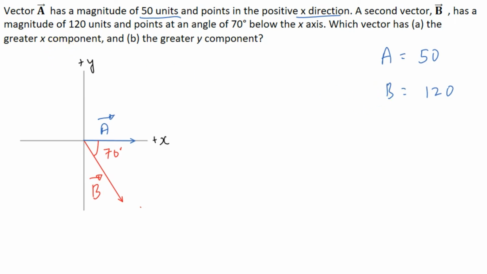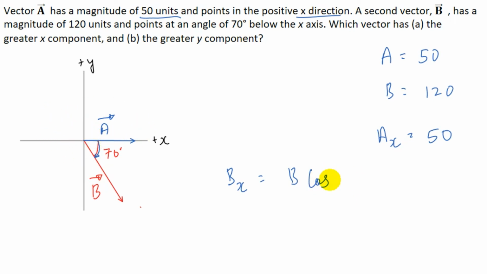So vector A points along the positive x direction, so its x component would be 50 only. So the x component for vector A should be 50. Now next, the x component for vector B. So Bx would be B cosine theta, and this theta we have taken in the clockwise direction, so it should be a negative value, because actually we measure all the angles in the anti-clockwise direction from the positive x direction.